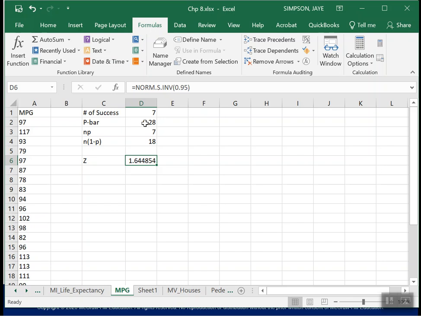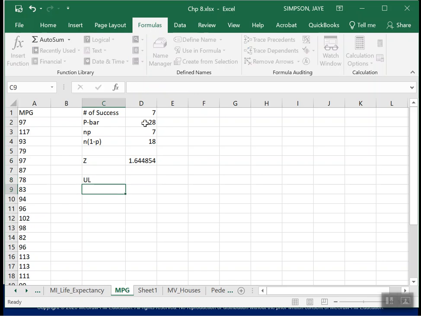All right, so my confidence interval then is going to be, and I'm going to go the upper limit and then the lower limit, or the upper and the lower, is going to be equal to, remember, my p-bar, my sample proportion of 0.28. I'm going to say plus because I'm calculating the upper.